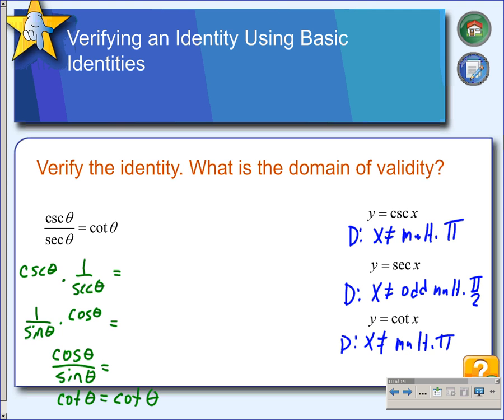So if you put that together, again, the domain of validity would be all real numbers except multiples of pi halves. Odd multiples here, even multiples here.